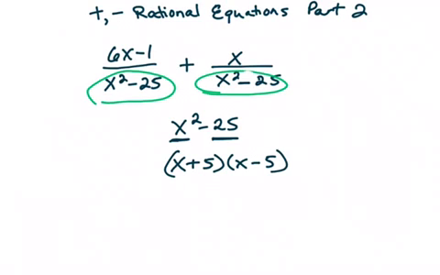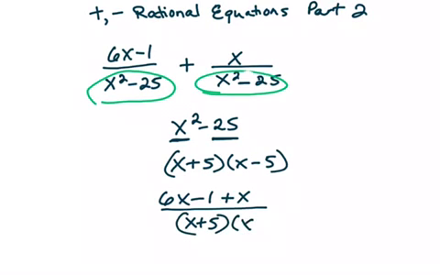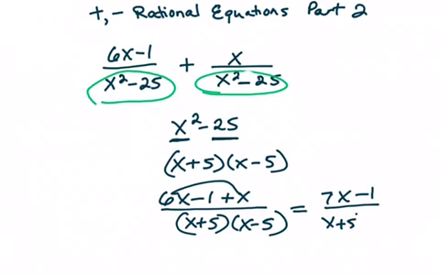So I'm going to go 6x minus 1 plus x, all divided by x plus 5 times x minus 5. And I'm going to simplify it to, let's see, 6 plus 1 is 7x minus 1 divided by x plus 5 and x minus 5. And that's my answer.